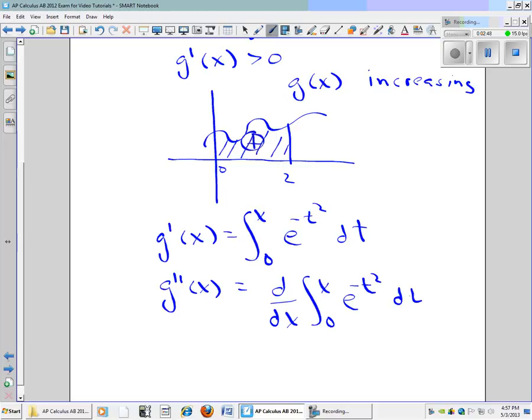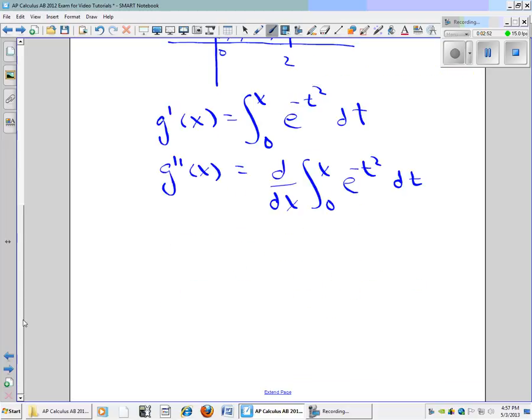If I take the derivative of the integral, I'll get the function itself. So g double prime of x, the second derivative of g, will equal e to the negative x squared. And that's what I've got.